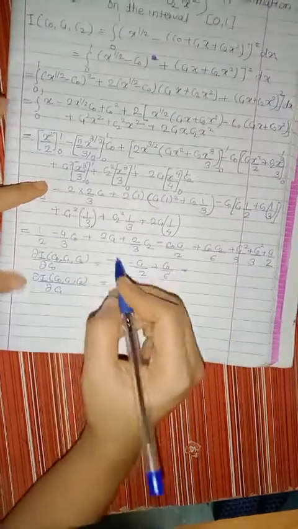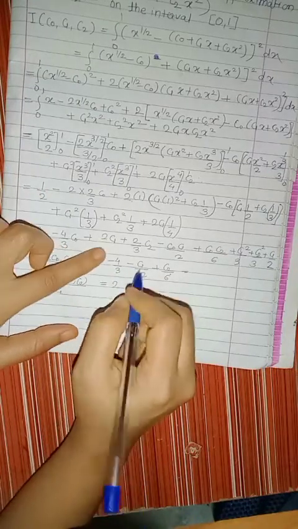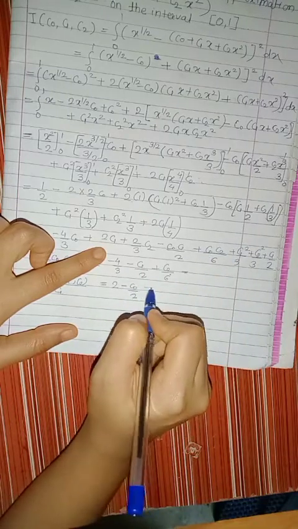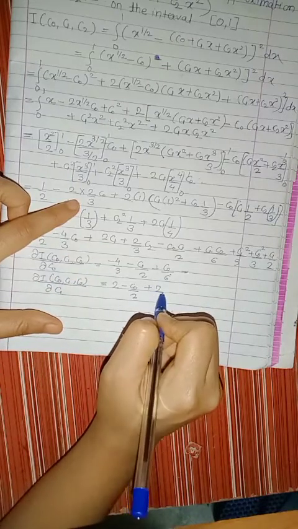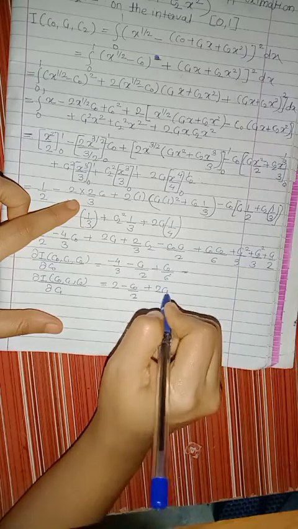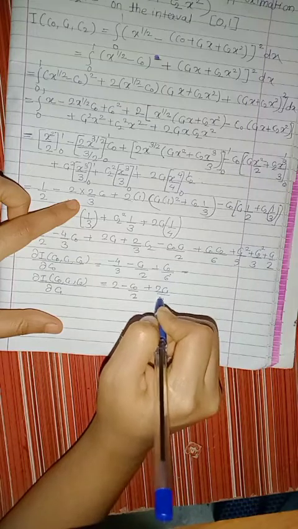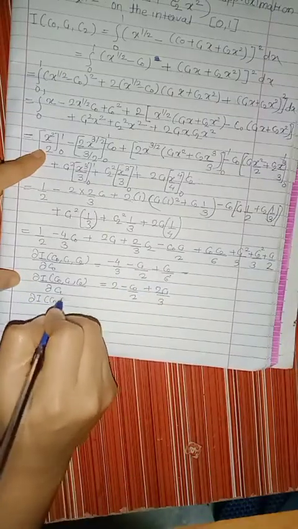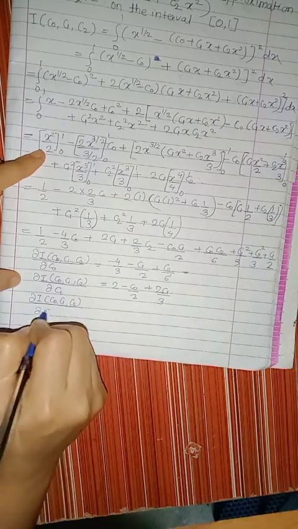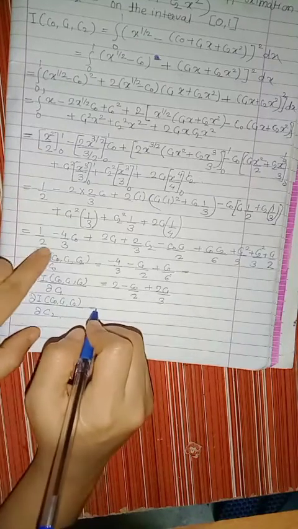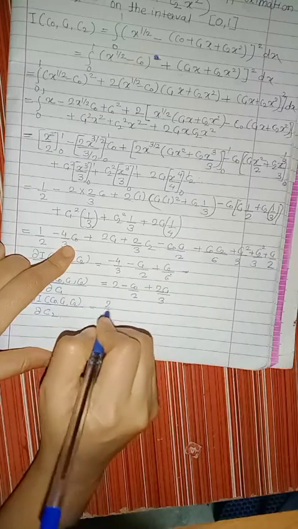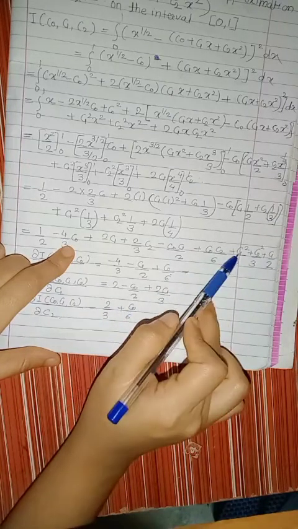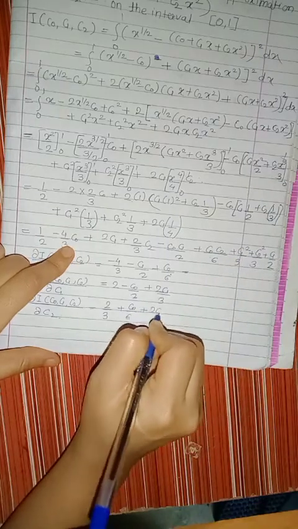With respect to c1, we get 2, then minus c0 upon 2, plus 2 c1 upon 3, and the other terms become 0. Again, the partial derivative of I with respect to c2 gives 2 upon 3, plus c0 upon 6, plus 2 c2 upon 3.